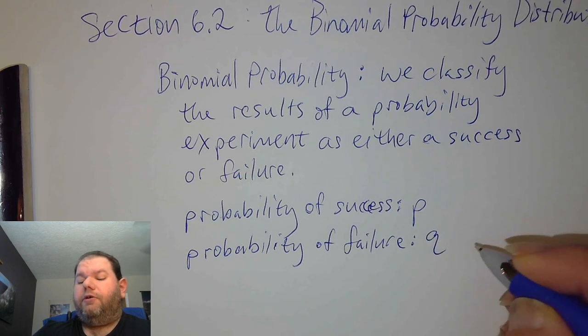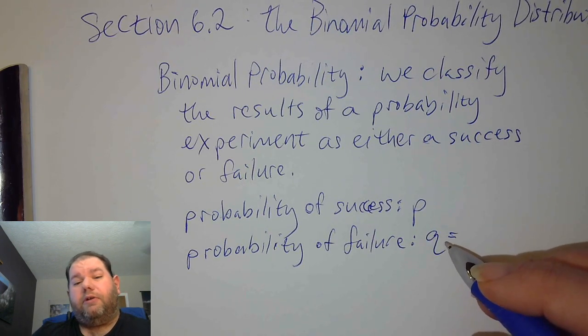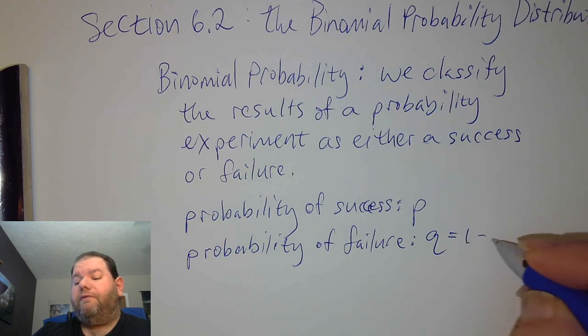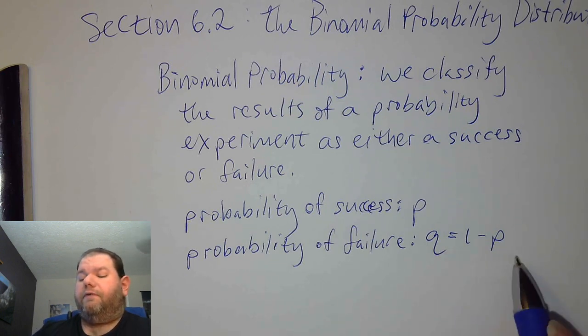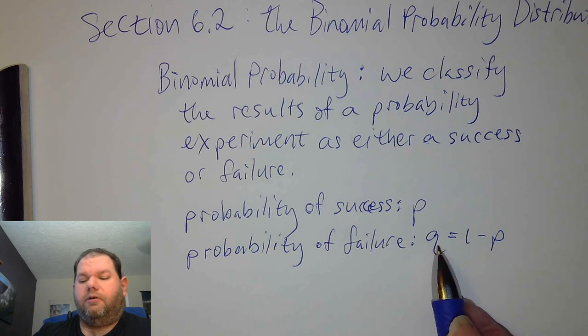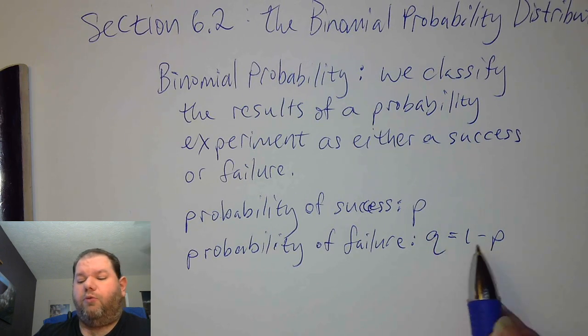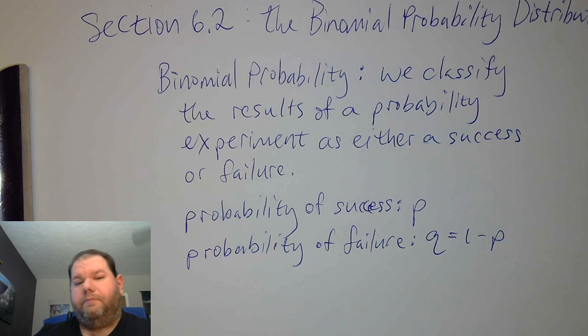Probability of failure is Q. Now, even though we won't necessarily be given Q, the way that we find it is by taking 1 minus P. And that's because they are complementary probabilities. So if we want to find the probability of the complement of an event, we take 1 minus the original probability.